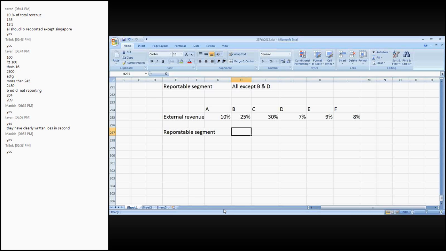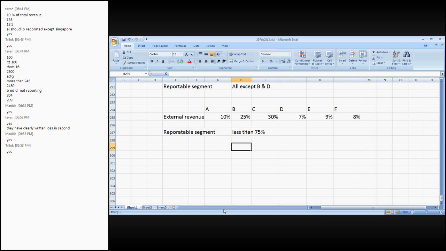So, of all the operating segments which are reportable, if the total percentage of external revenue is less than 75%, how much is it in this case?